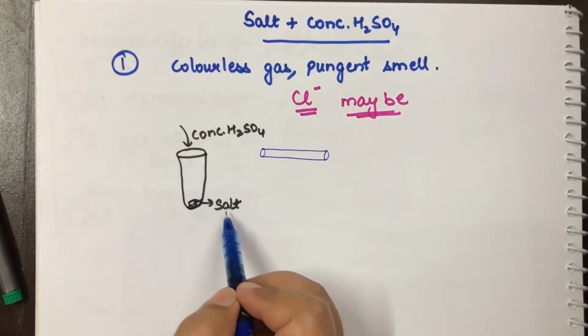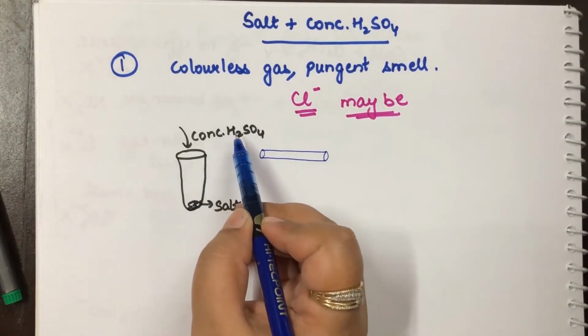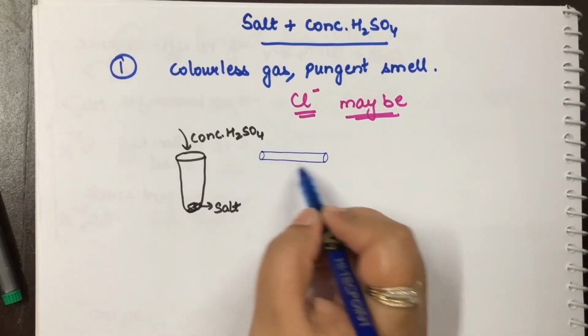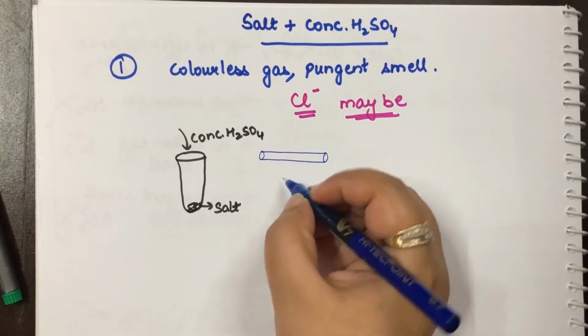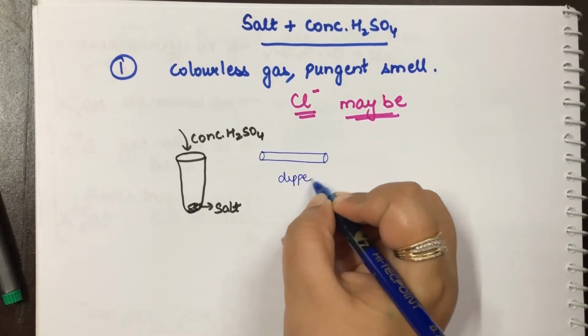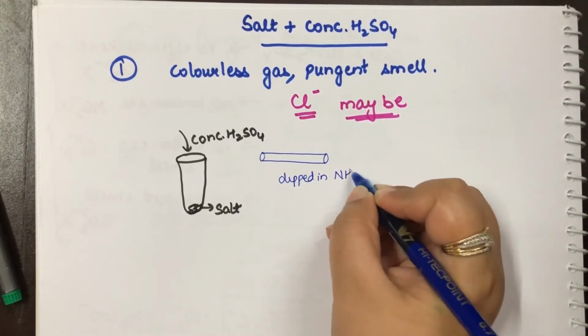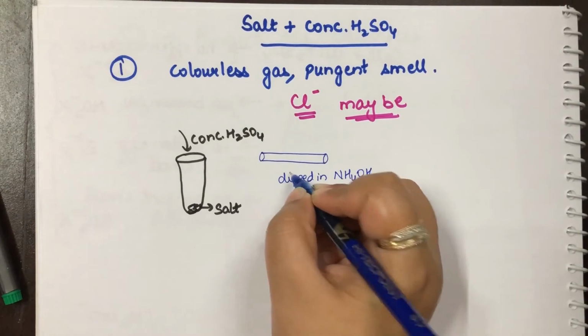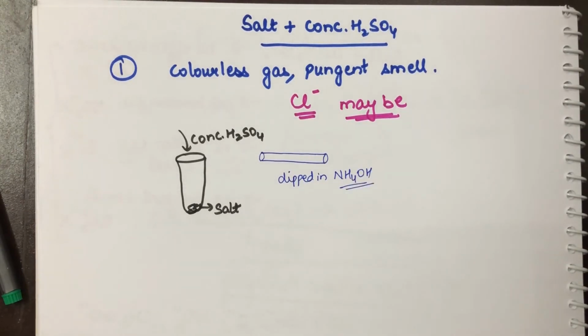This particular test tube had your salt and a few ml of your concentrated H2SO4. I will dip this glass rod in ammonium hydroxide. This would be easily available on the table of your laboratory.